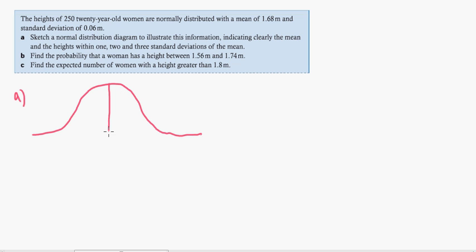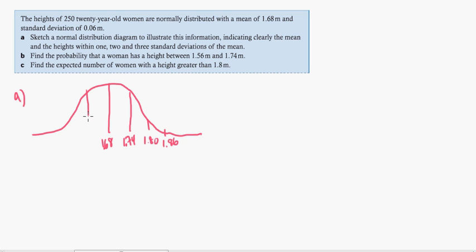The mean, they said, was 1.68. For the first standard deviation, you're just going to add 0.06, so that would be 1.74. Then the second one would be 1.80, and then 1.86.